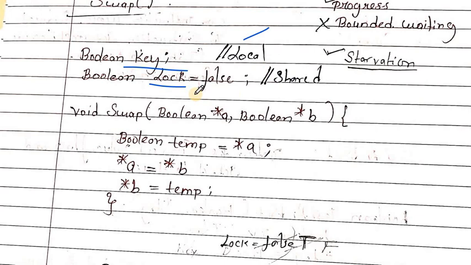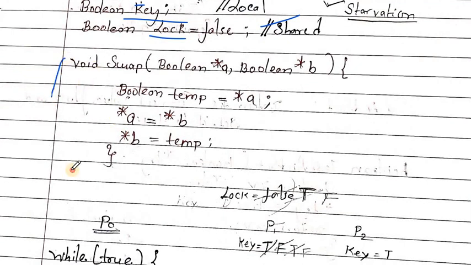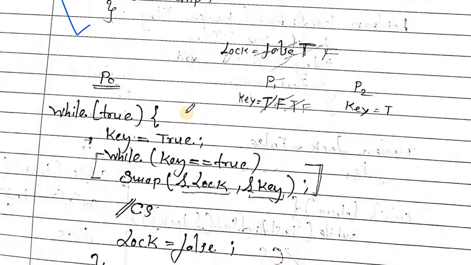Variable key is local, and variable lock is false initially, which is a shared variable. Key is a local variable and lock is a shared variable. Here the swap function swaps the two values and returns nothing.